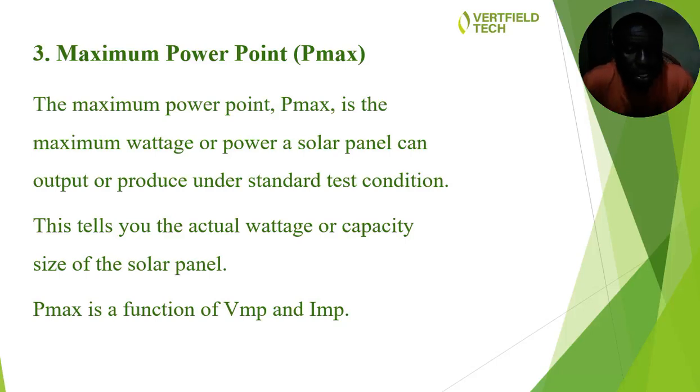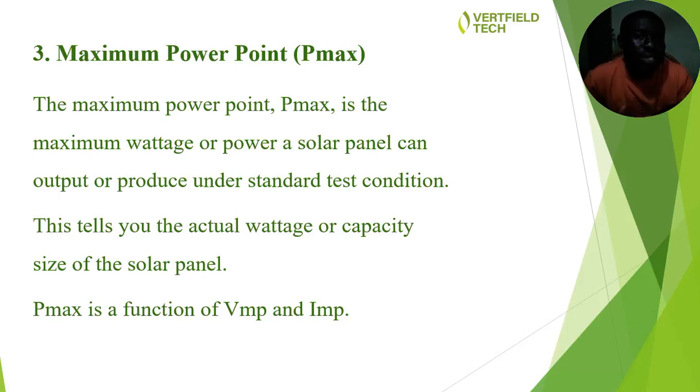The maximum power point is a function of VMP and IMP, which simply means that if you want to get the size of your solar panel, you just multiply your VMP and your IMP together.